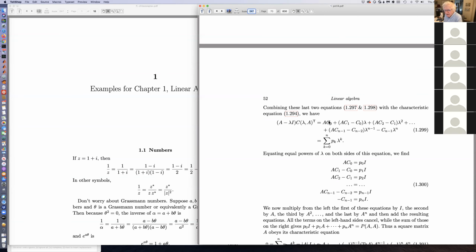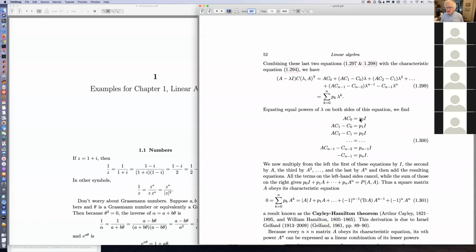The highest power of lambda on the left-hand side is minus C n minus 1, and the highest power of lambda over here is Pn times the identity, and then you can figure out the intermediate ones. Now what you do is quite cute. You multiply the first equation by I, the second one by A, multiplying of course both sides, and the last one by A to the n, and then you add up the left-hand sides and the right-hand sides. Well, the left-hand sides cancel exactly.